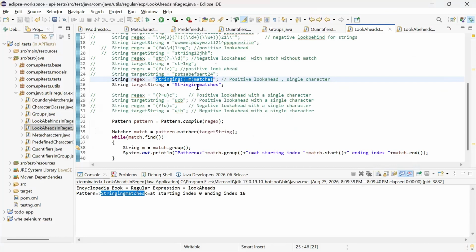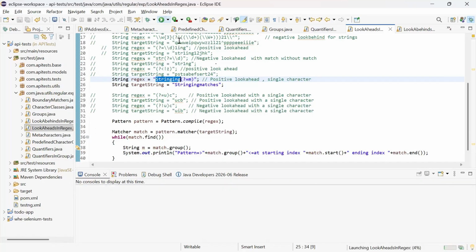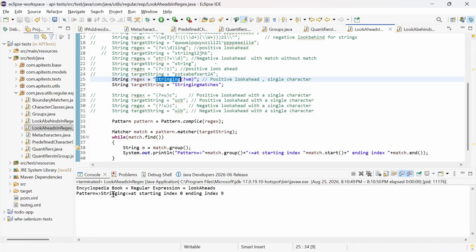I'll only keep this example here. If I run this, it will only give you "stringing". And next, it considers the zero length match also. After that, there is no character to be matched, so it will halt till here itself.